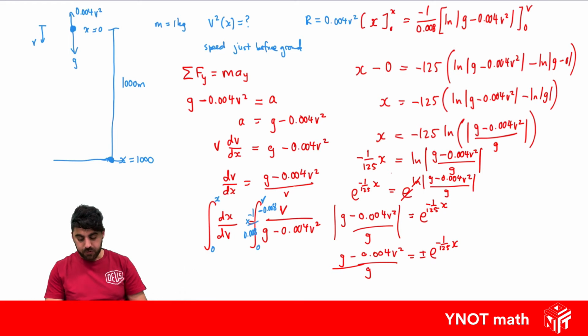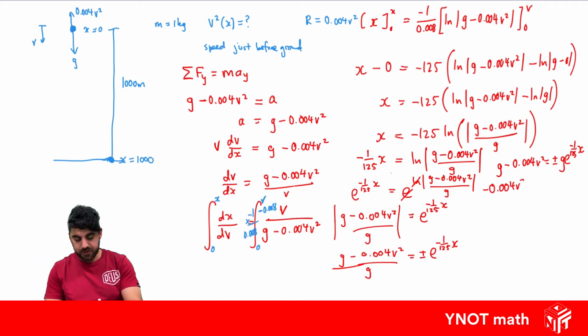Let's multiply both sides by g. So we're going to get g minus 0.004 v squared equals plus or minus g e to the minus 125x. Let's minus g from both sides. So we get minus 0.004 v squared equals minus g plus or minus g e to the minus 125x.